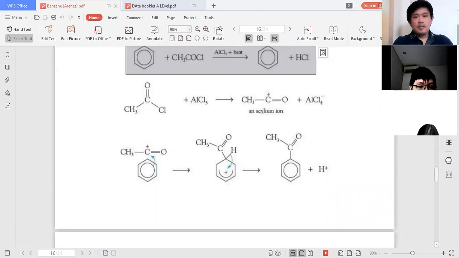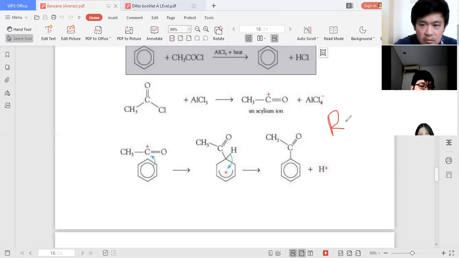Okay. This acylation product, we can consider it as a ketone. Why? Because a ketone has the structure of R1, C double bond O, R2.